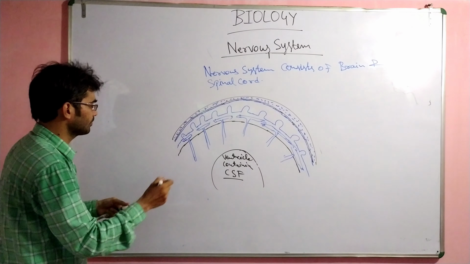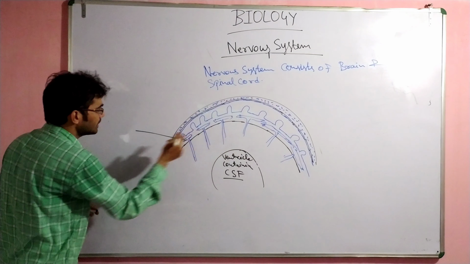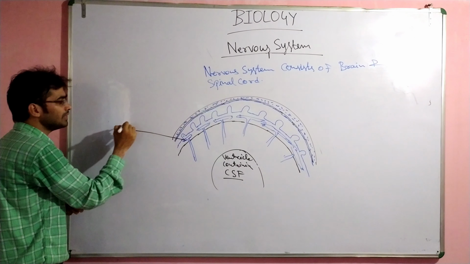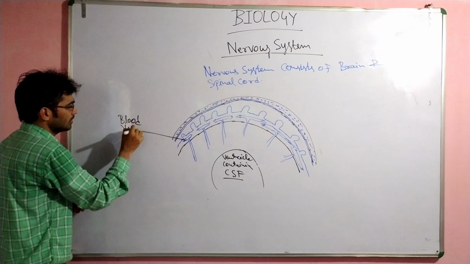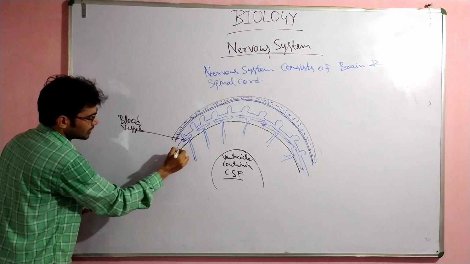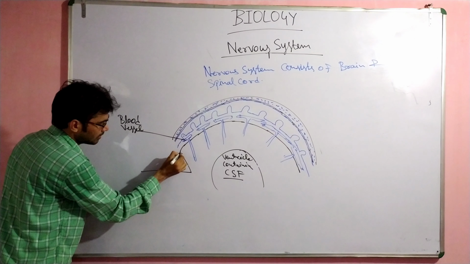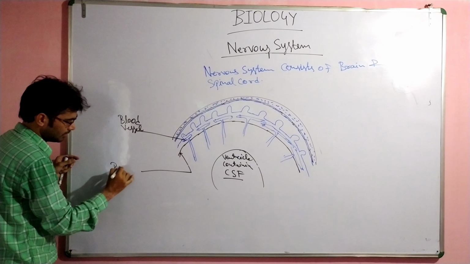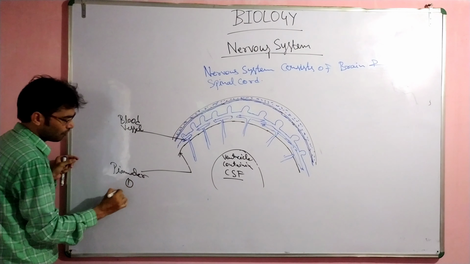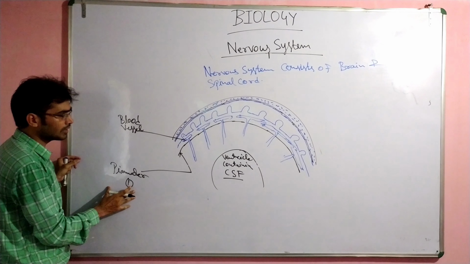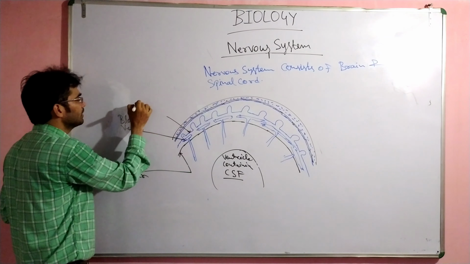See. This structure, they are the blood vessels. This structure, this is the pia mater. First meninx. This is number one. This structure is known as arachnoid.